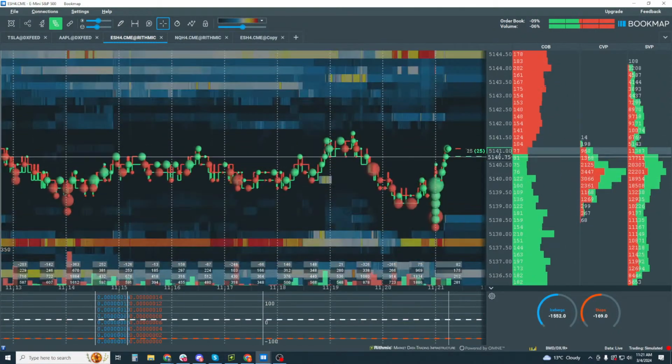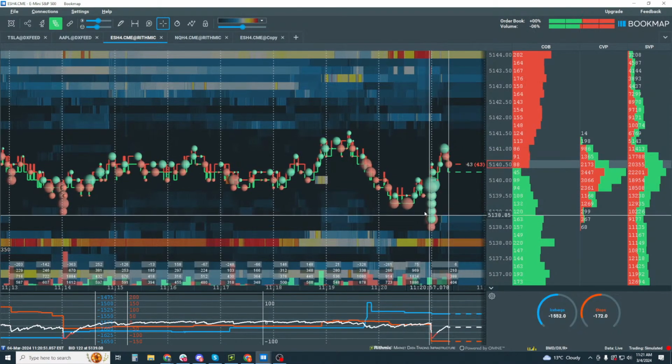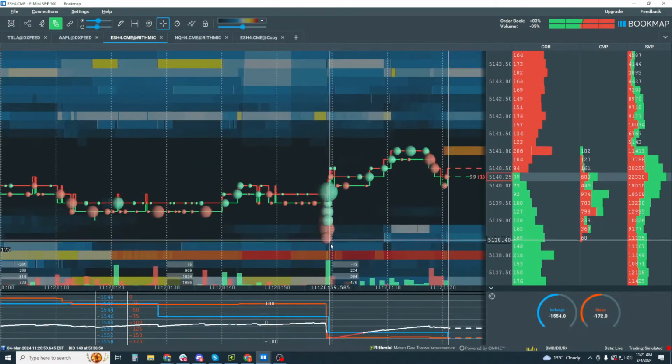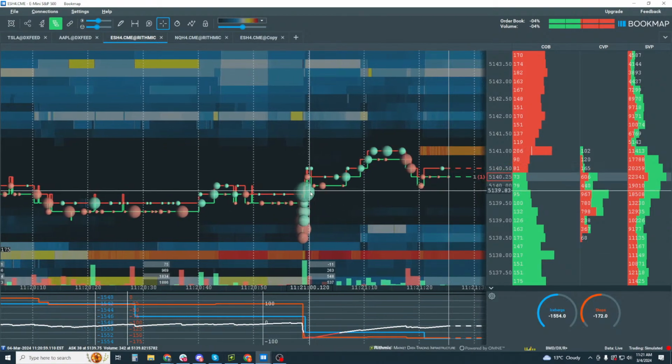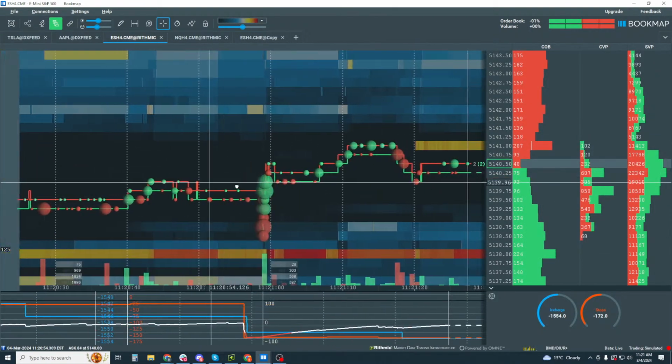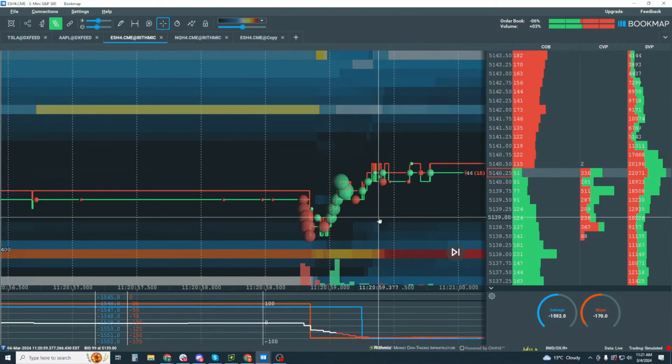So how do you deal with it? Reduce your risk. We got a move down, but we didn't get to 38. So how do you deal? Take the scratch. This is not normal to see.